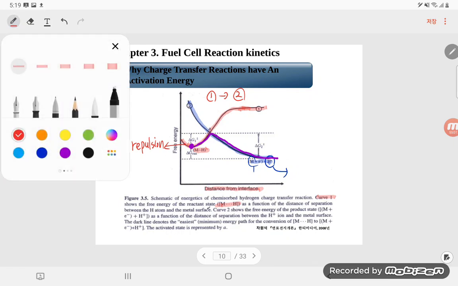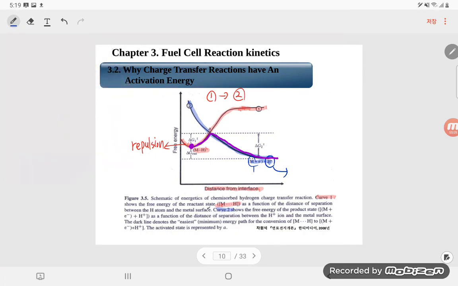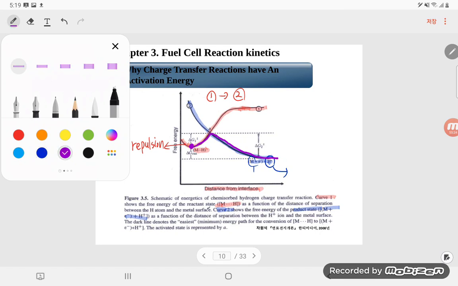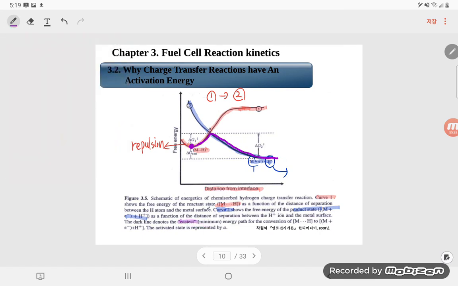And the curve 2 shows the free energy of the product as a function of distance between the hydrogen ion and metal surface. The dark line denotes the easiest way. Okay, this purple one is the easiest or the minimum energy path for the conversion of this to this.